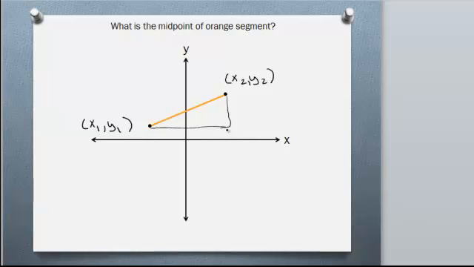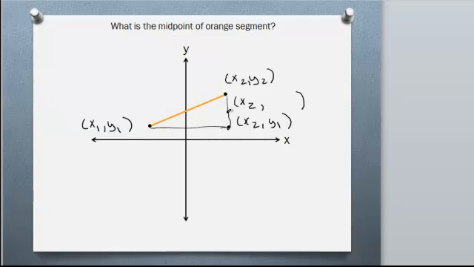So again, this point here is called x2, y1. Alright, so if I wanted to know the midpoint of this segment, what's between these two? It would be halfway between the two y coordinates, right? So this midpoint will be the same x coordinate as these two, so it would be x2.